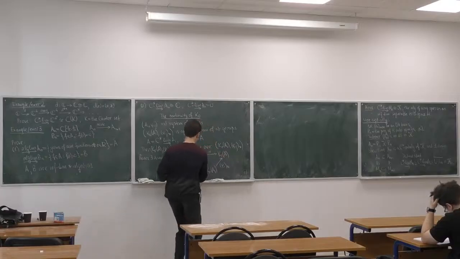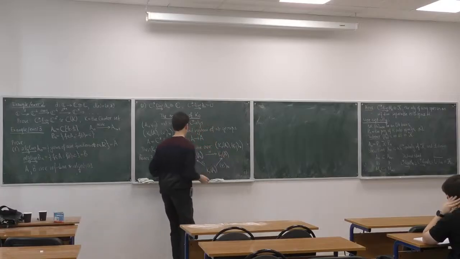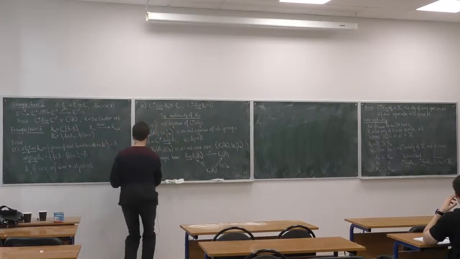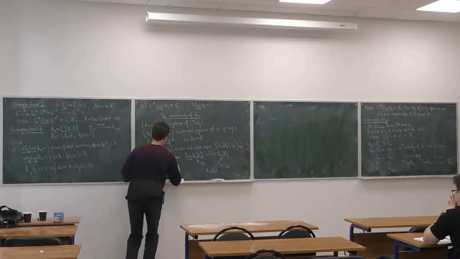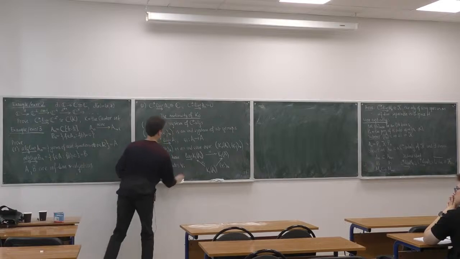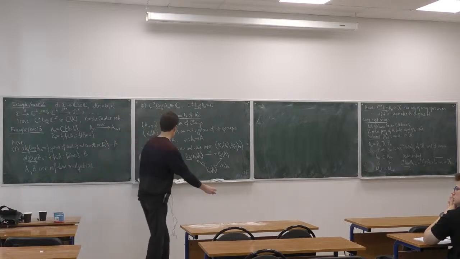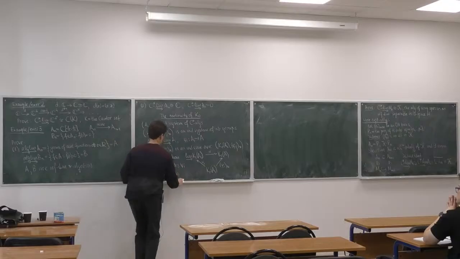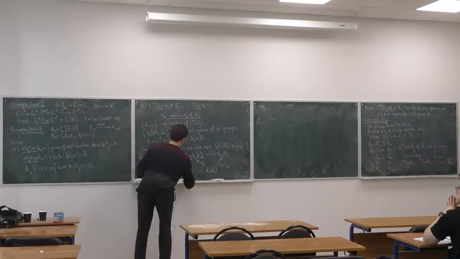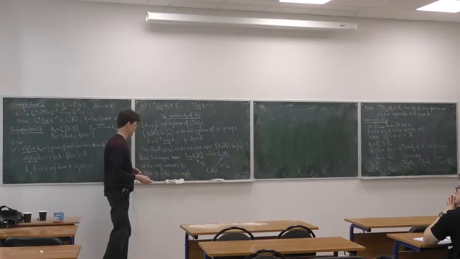This arrow, let's denote this arrow by phi I star, such that this diagram commutes for every I. And here alpha I is the canonical map from this group to the inductive limit of these groups.